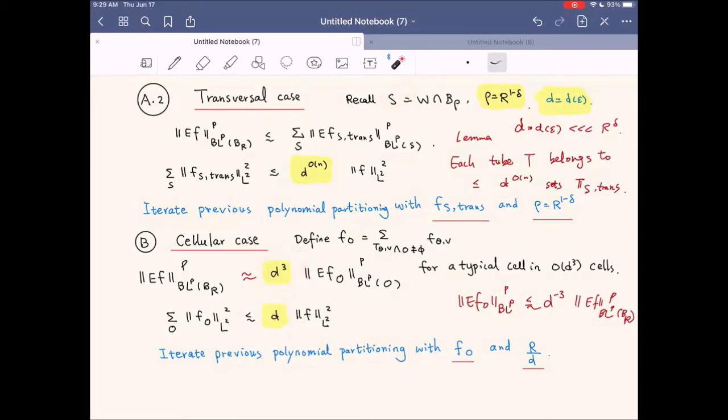And each tube interacts with only few of them, where this few means either D to the n or D in this context. So those two cases now look very similar in spirit, and we are going to treat them in the same way.